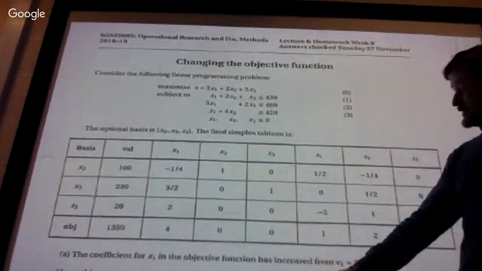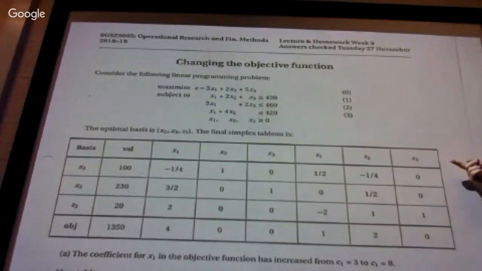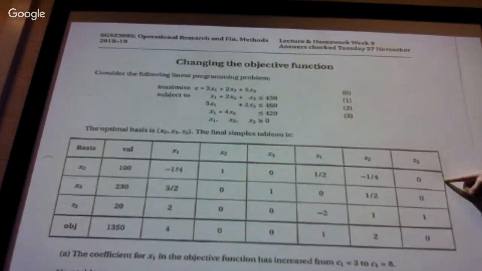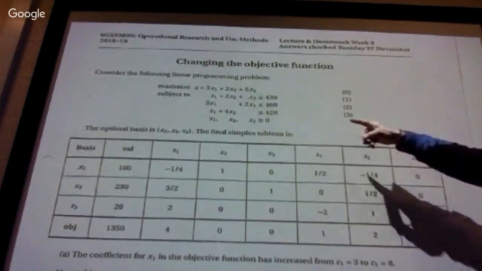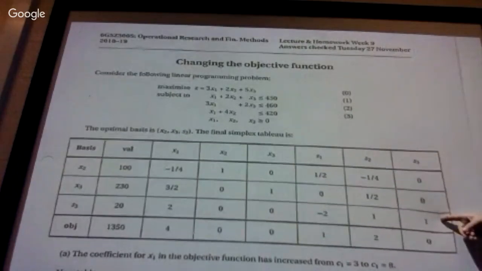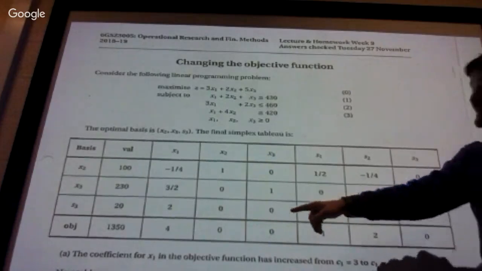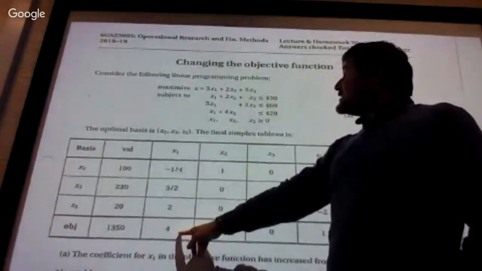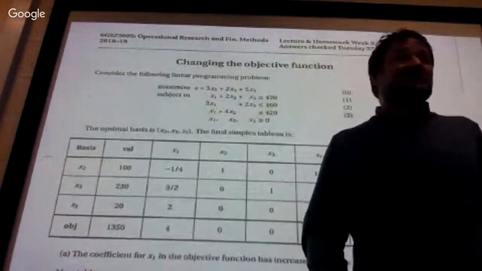Without changing 3 to 8, what we did just a while ago was 2 times this row, 5 times this row, because of the 2 and 5 here, and 0 times the third row, because there's no s in the objective. Added them together for this. When we did that, we had to take away 3, because there's 3 x1.